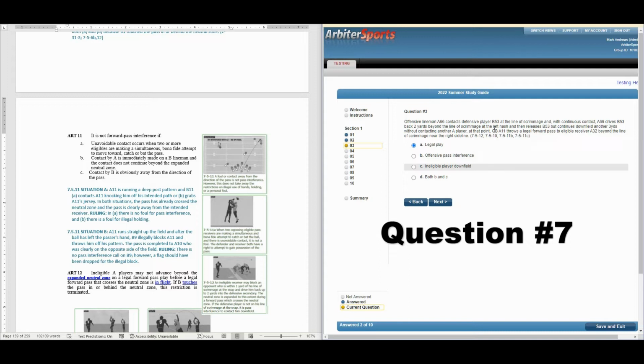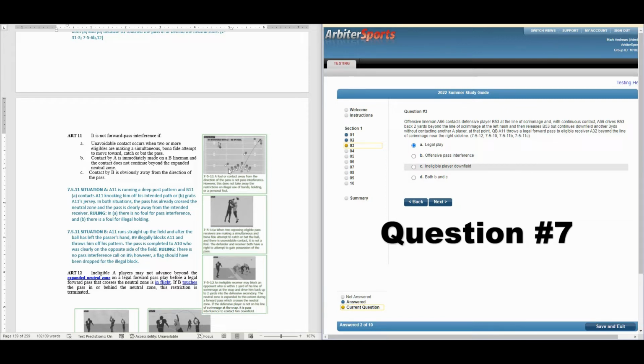At that point, quarterback A11 throws a legal forward pass to eligible receiver A32 beyond the line of scrimmage near the right sideline. Is that a legal play? Is it offensive pass interference? Is it an ineligible player downfield? Or is it both offensive pass interference and ineligible player downfield?